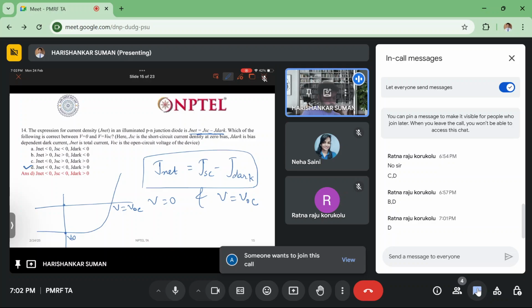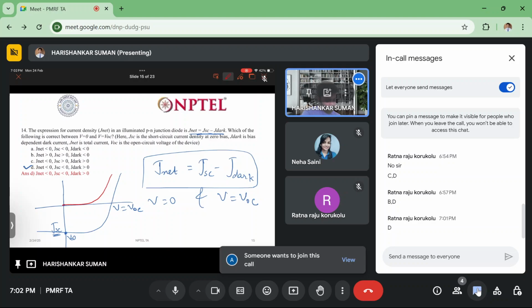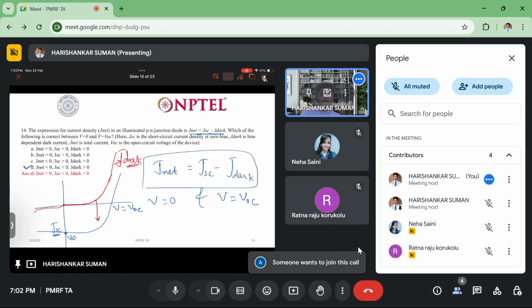So your option is correct. J net is less than 0. Also you can see JSC is also less, and J dark current is somewhere here. This is J dark, it goes down if photocurrent is there. Okay, so your option is correct.